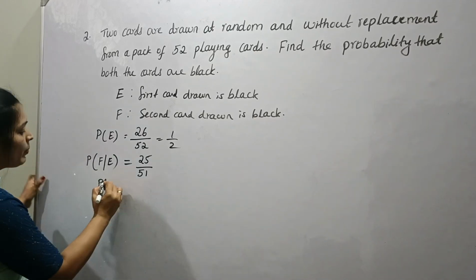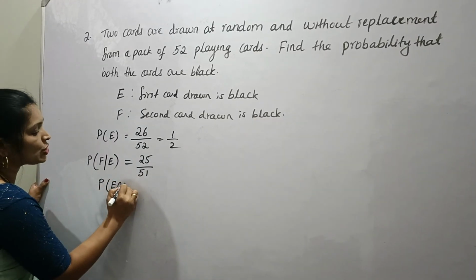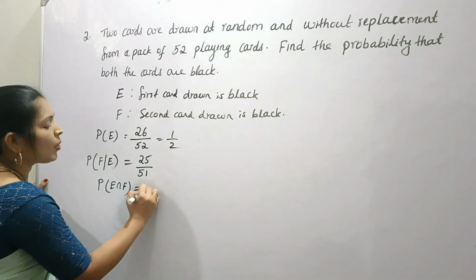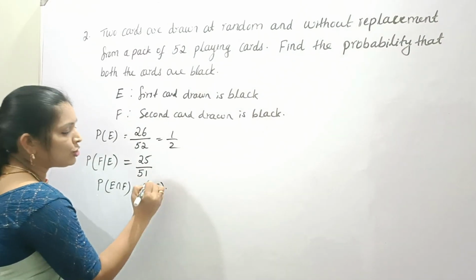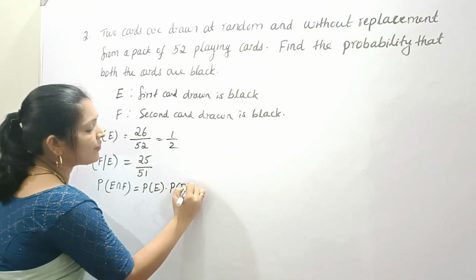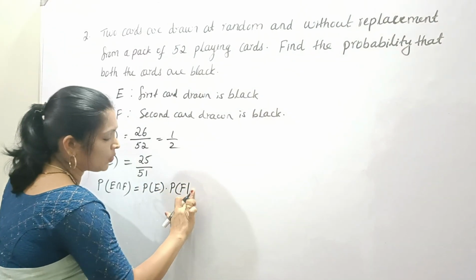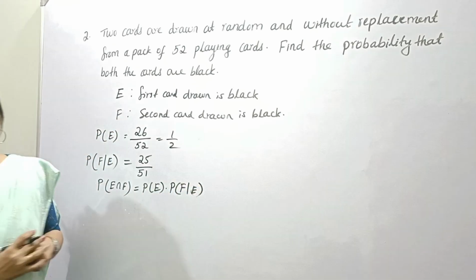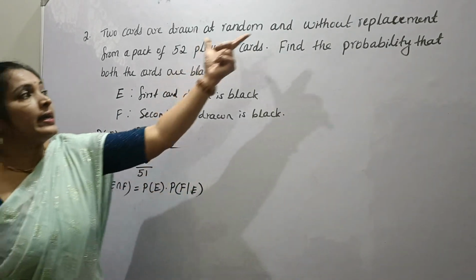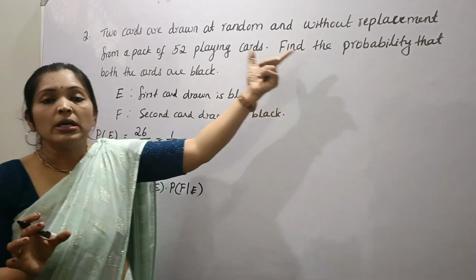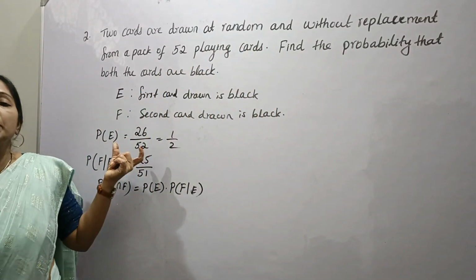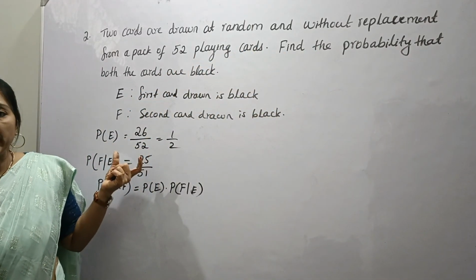Okay. So here probability of E intersection F is equal to probability of E into probability of F given E. Okay. F given E. Understood? Because it is without replacement, therefore, both the events are dependent events. Don't be confused.